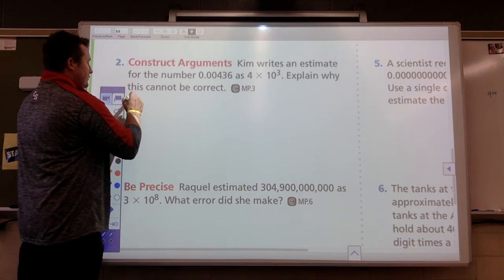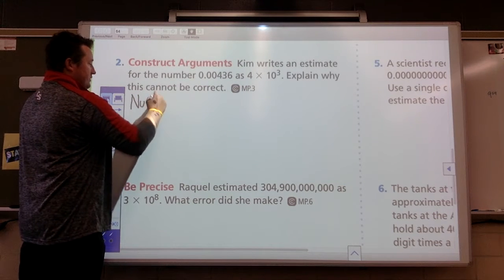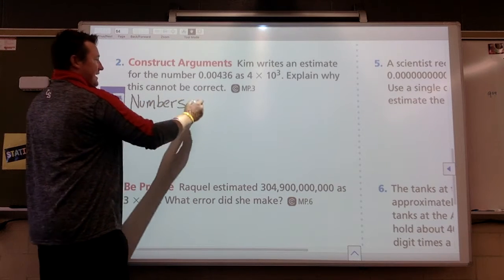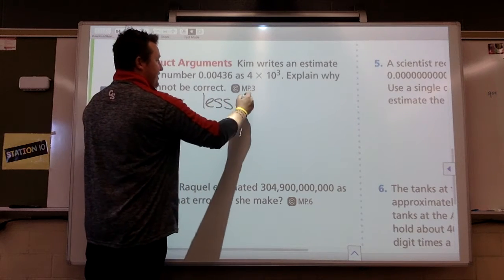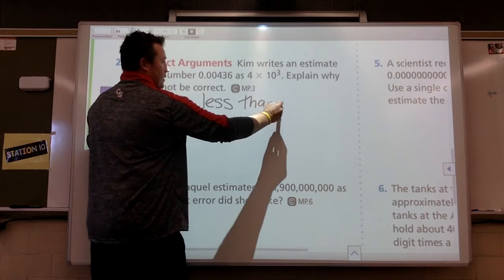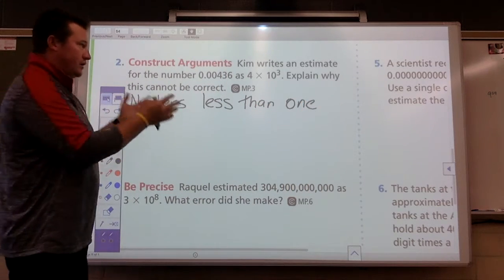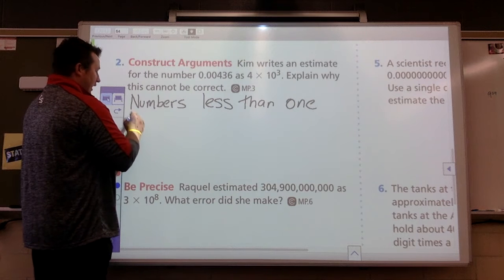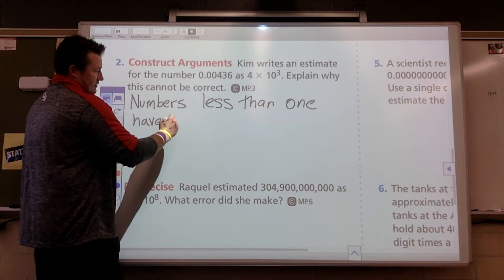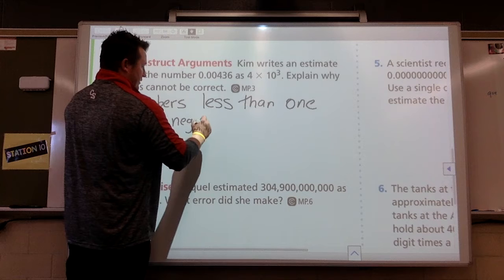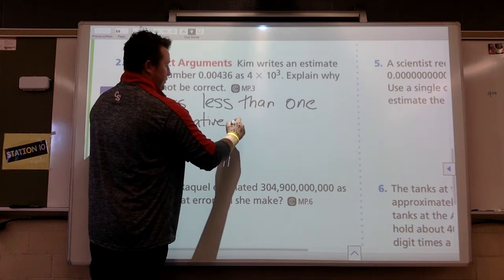So numbers less than 1, bigger than 0, have negative exponents.